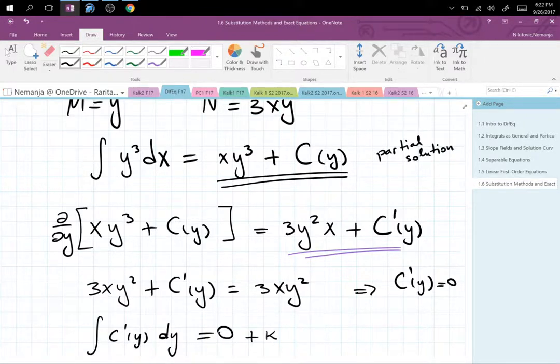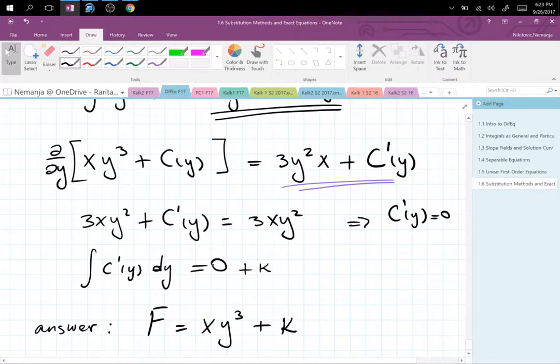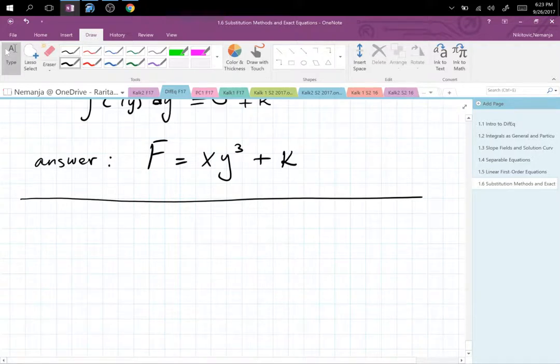You can start integrating either x or y. It doesn't matter. Whatever you decide to integrate first, you integrate that. Then you take the partial derivative in respect to the other variable, you compare it to the other part, and you figure it out. Hopefully we'll have more examples to work on. Let's find other examples.